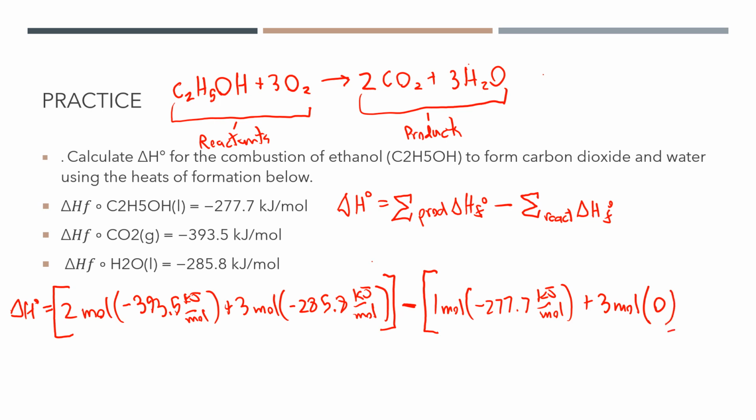That makes it nice and easy. And just another rule of thumb, if we didn't give it to you, just assume it's 0. If we calculate that all out, that gets us a value of -1367 kilojoules. So that is your answer right there.